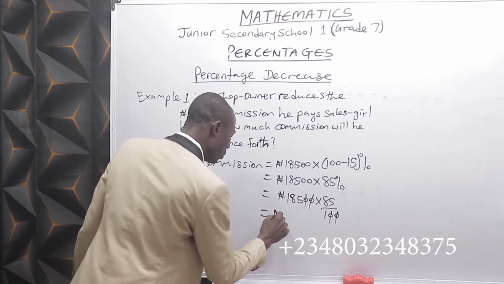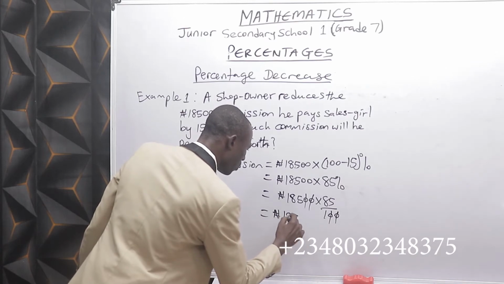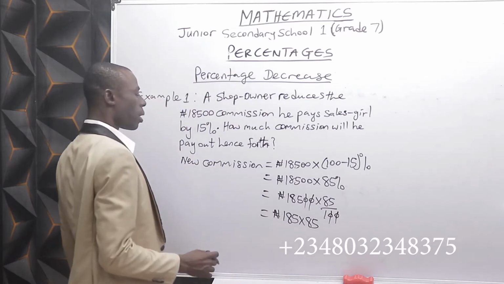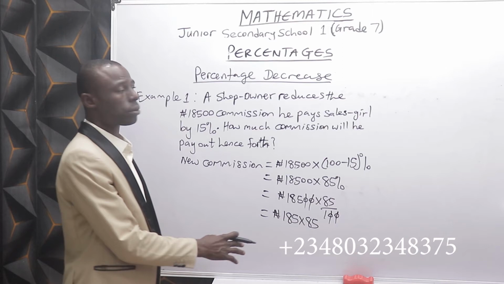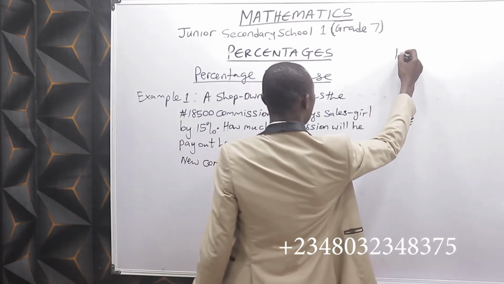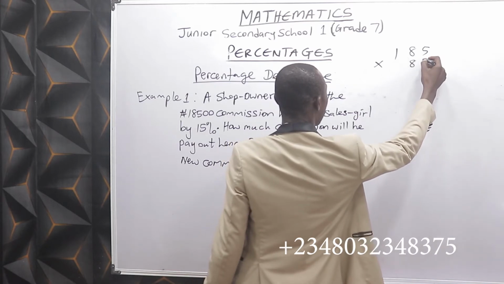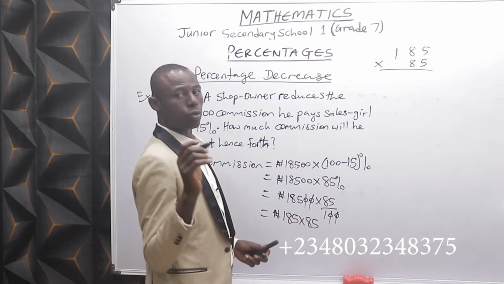So we have 185 times 85. Here we need to do typical calculation. I come here, 185 times 85. 5 times 5, that is 25.